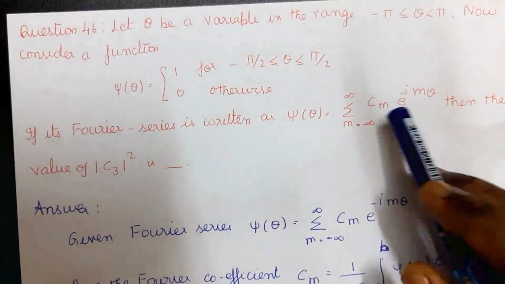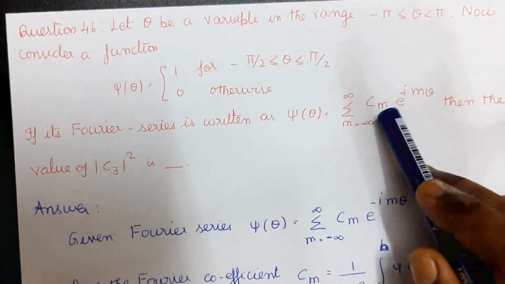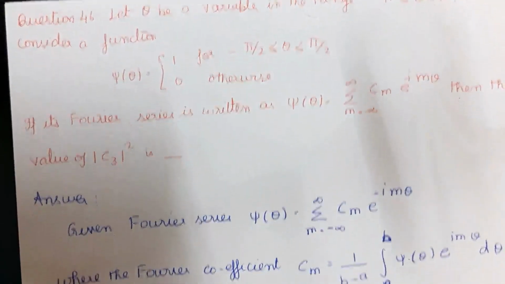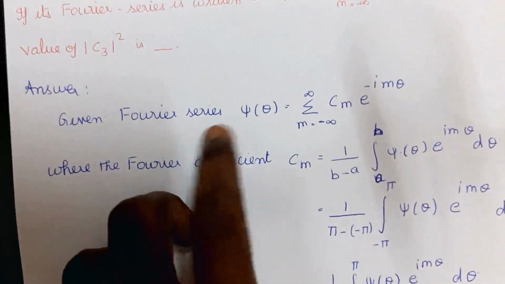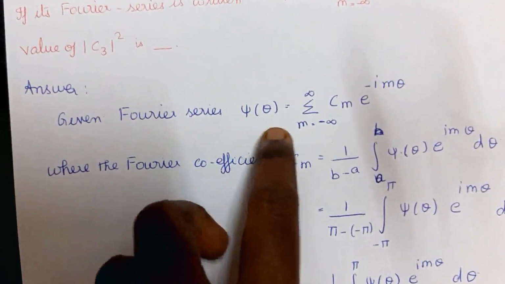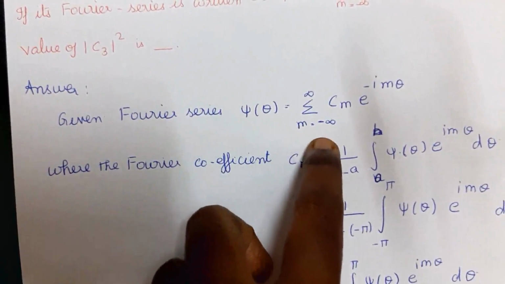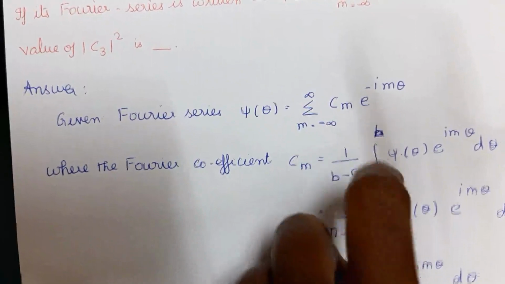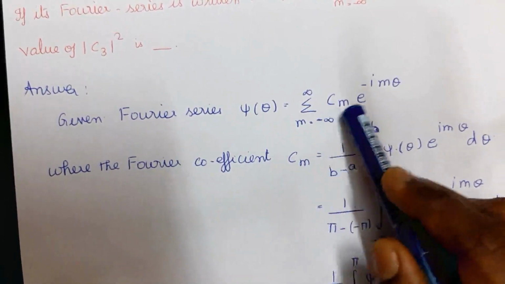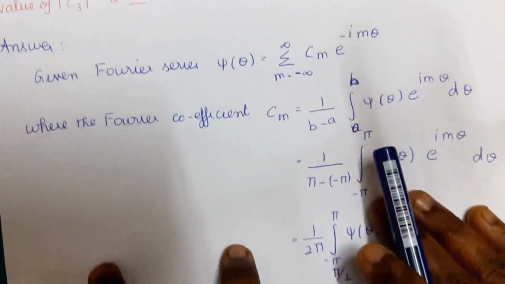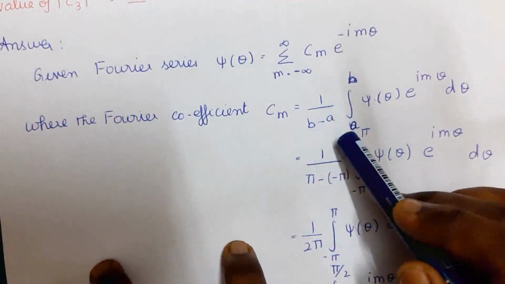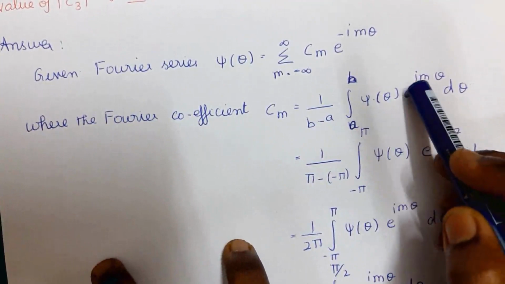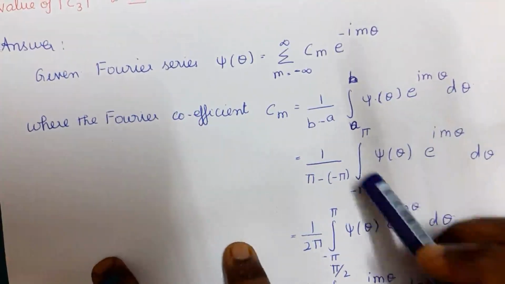So we have to find the coefficient C m at m is equal to 3. This is a Fourier series problem. The given psi of theta is equal to summation over m from minus infinity to infinity C m e power minus i m theta. So this Fourier coefficient C m can be written as 1 divided by b minus a, integral from a to b psi of theta into e power i m theta d theta.